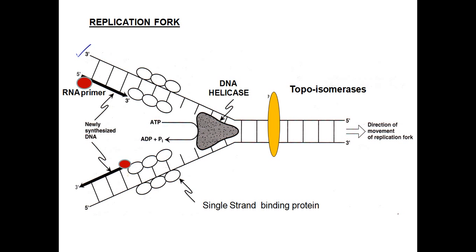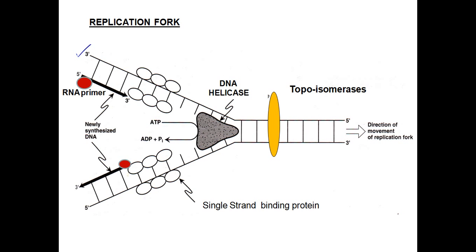Now always I told you DNA synthesis takes place from 5' to 3' direction. See, this is a template DNA, and this is the lagging strand. So two strands will be there in the replication fork.